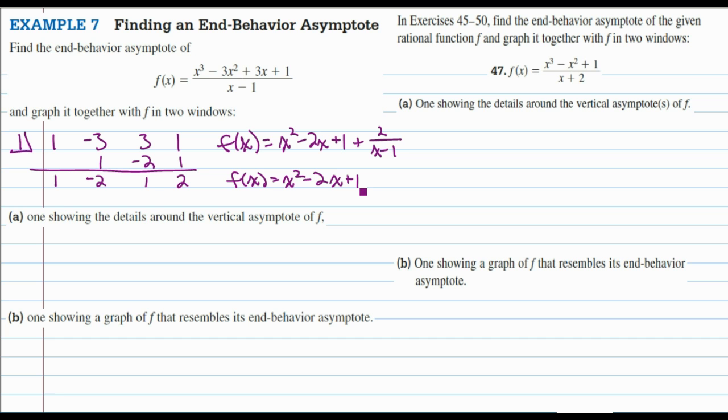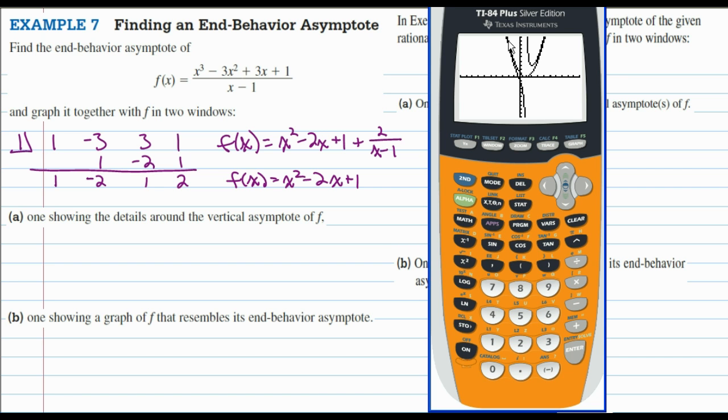So in y1, I'm going to graph the original function, and in y2, I'm going to graph the quotient. I have the graph of the original function that has a vertical asymptote at x equals 1 because 1 makes the denominator 0 only. The other one is a parabolic shape because it comes from a quadratic expression.